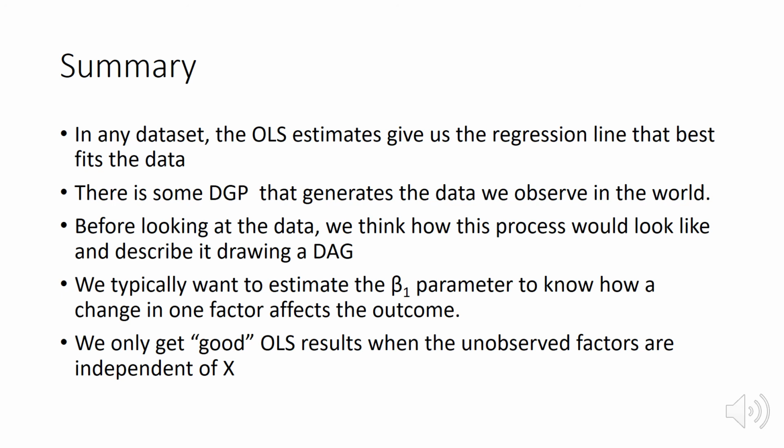If knowing something about the treatment variable, whether it's student-to-teacher ratio, whether it's you went to college, whether it's you slipped on a banana peel, changes what you know about other stuff, then it's not going to be a good causal estimate. Questions so far?